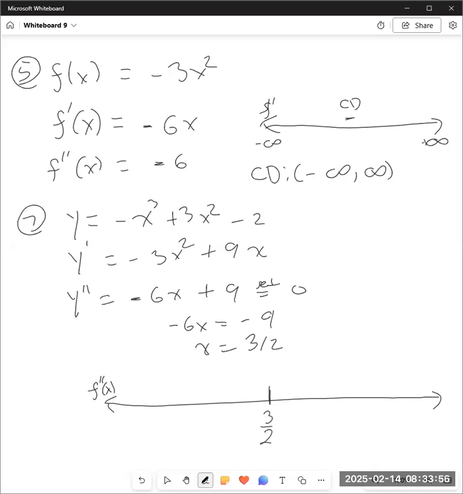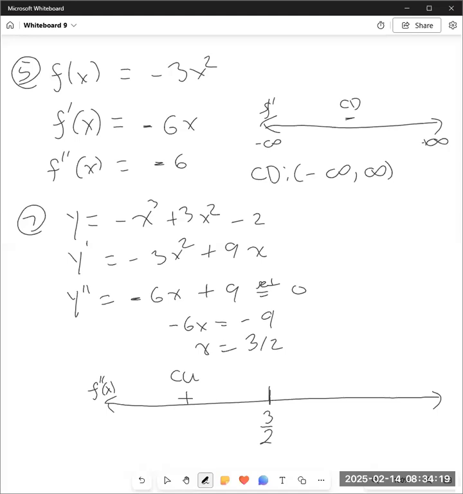That gives me an interval from negative infinity to 3 halves and an interval from 3 halves to infinity. Something less than 3 halves, like 0. When I stick it in here, 0 plus 9 is 9, and that's positive, making this side concave up. Something bigger than 3 halves, like 2.